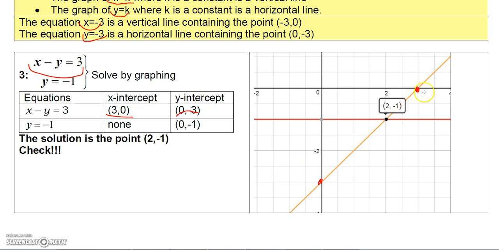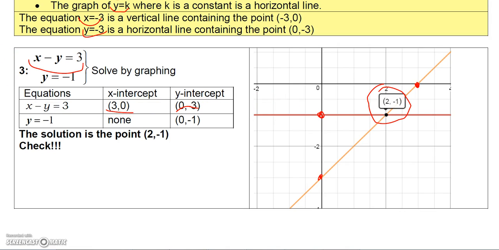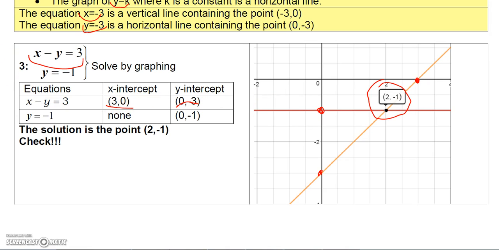So you would draw that line through those 2 points. And then y equals -1 would be the horizontal line that goes through the point (0, -1) here. So you draw the line through that point, and then you find the intersection from the graph, which is the point (2, -1). And then, of course, you can check them.